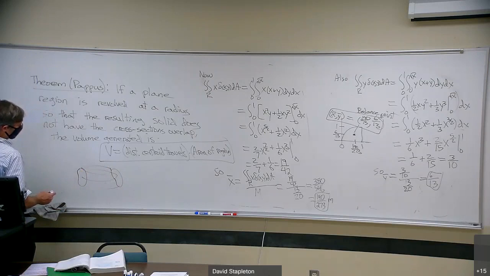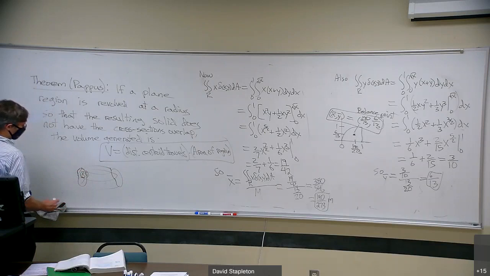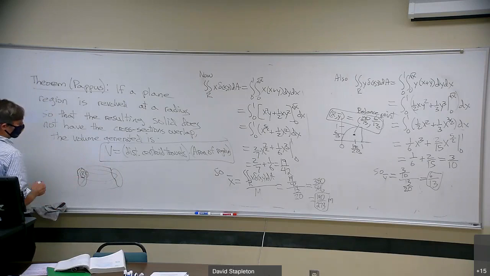The solid it generates is just the distance the centroid travels, X bar, Y bar, times the area of the region, as long as the plane region doesn't intersect itself in these cross sections.